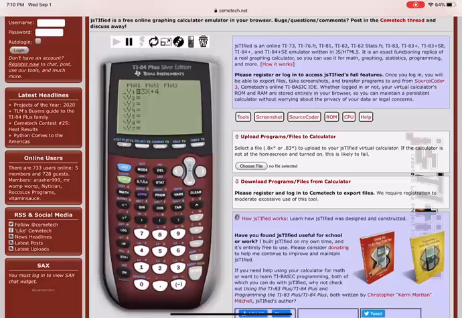The first time I press enter, it's wanting to know if I want to draw a solid line. Press enter, the shaded triangle is pointing upward. In other words, I am looking for the region bigger than 3x plus 4. So if I hit enter one more time, it's showing the region below 3x plus 4.